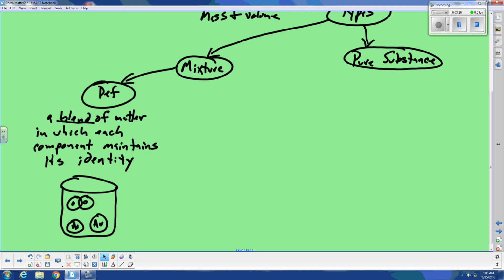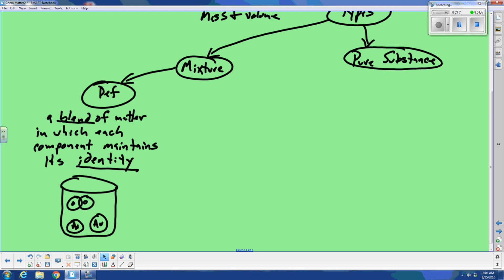So if I were to separate this, my oxygen would still keep its identity and my gold would still keep its identity. So that's what makes a mixture: oil and water, sand and water, carbon and steel, all of those things are blends, but each component maintains its identity.